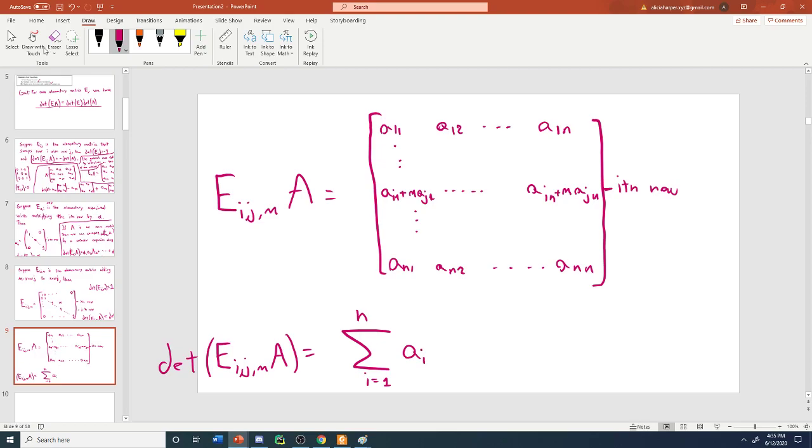I should use a different index here, so I'll use the index k.